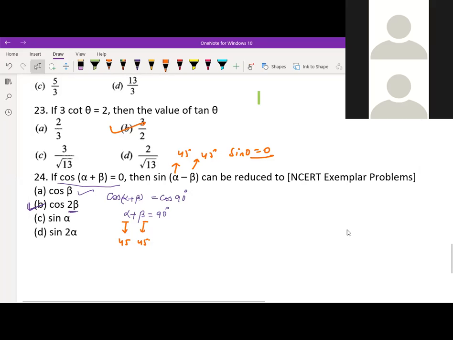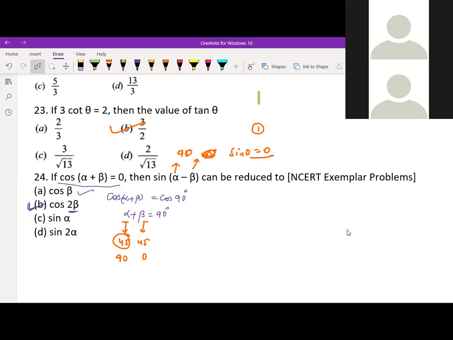And check with any other angle also. Take alpha as 90 and beta as 0. So sin 90 is 1.